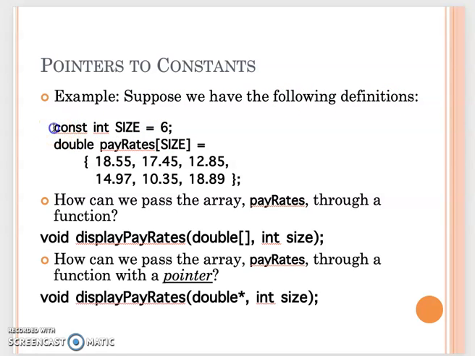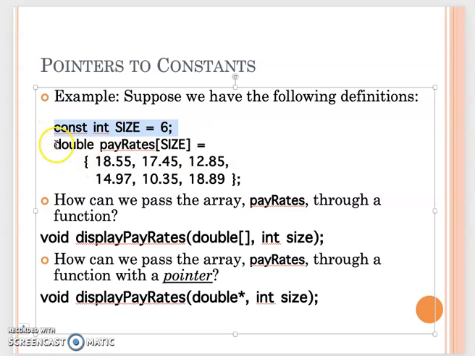We have the array size, because this array is a static array. So then here the size needs to be a constant variable. So then when we pass in the array, how can we pass it in through the function? So right, you can pass in the array through the function using the array symbol.